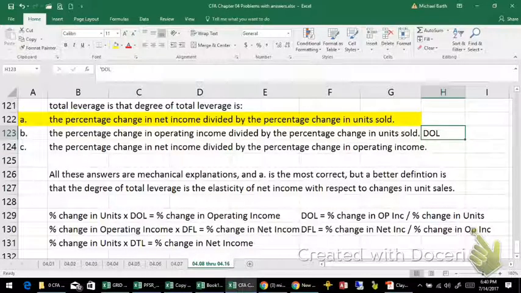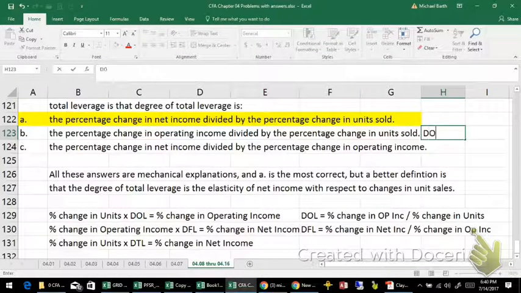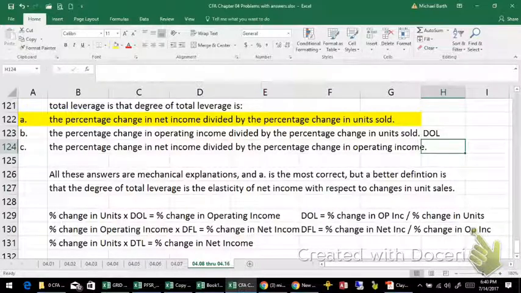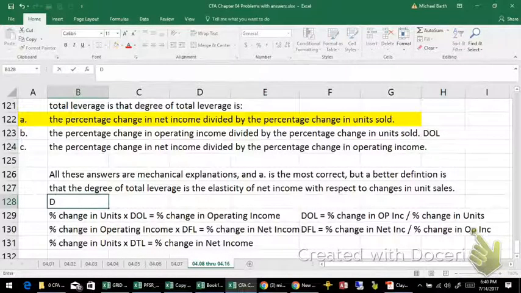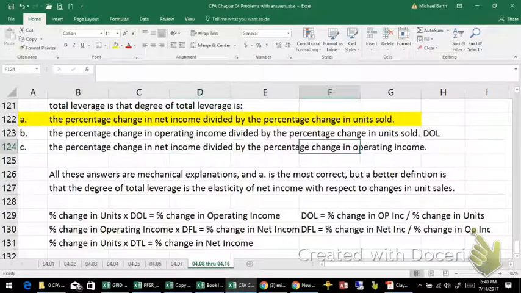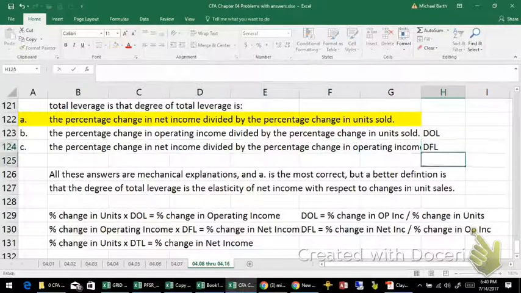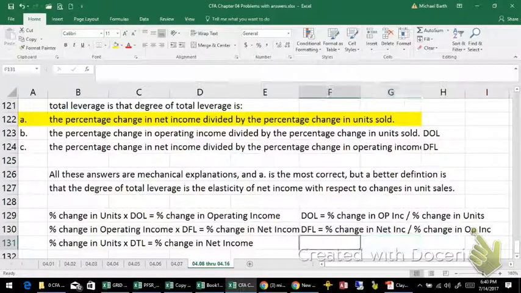Oops, got these backwards. All right, so that's the D. No, that's the DOL. And that one is the DFL, following this mathematical shenanigan.